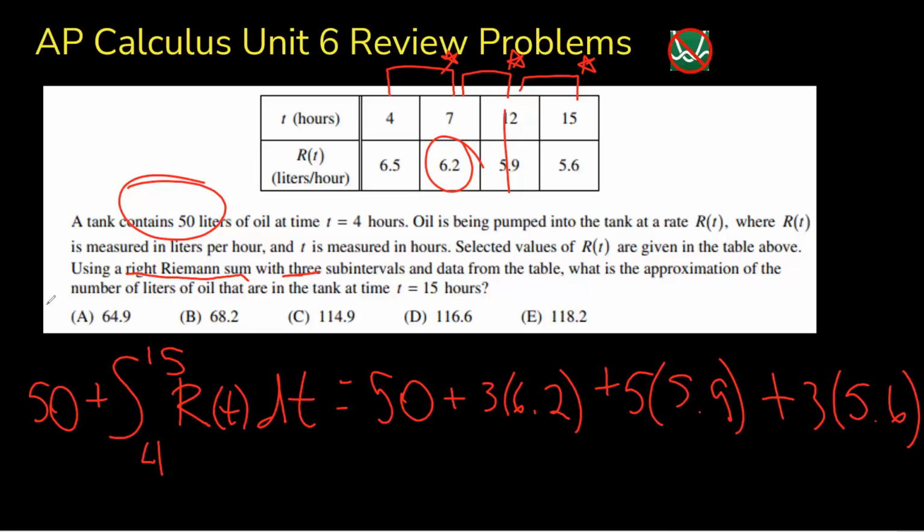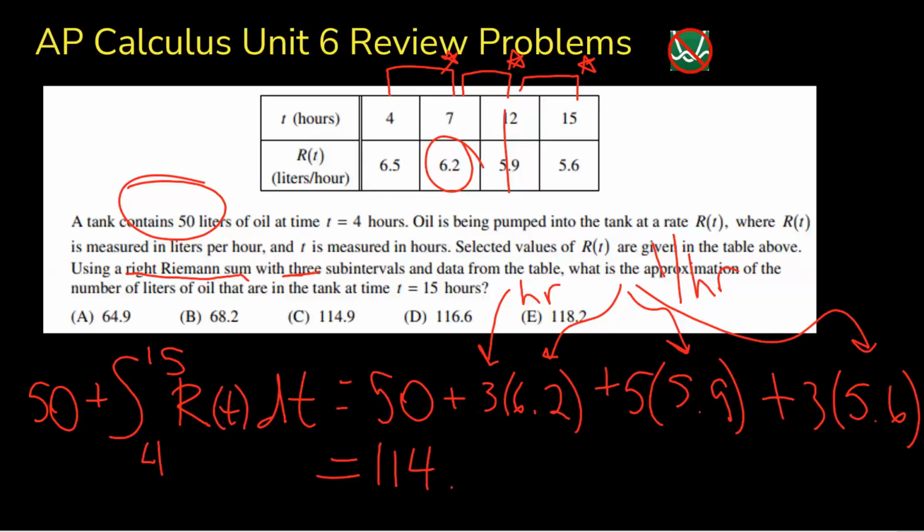Also, if you notice, the units on the 3 would be hours, and the 6.2, 5.9, 5.6, all of those would be liters per hour, so that when you multiply these, the units end up being just liters. So if we multiply that together and add everything up, you would get 114.9.